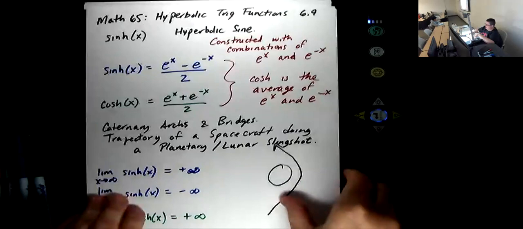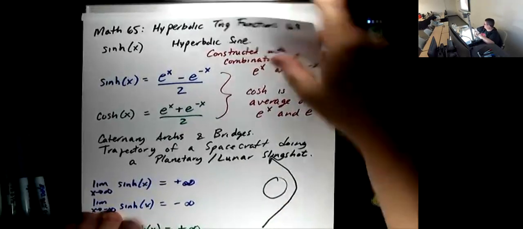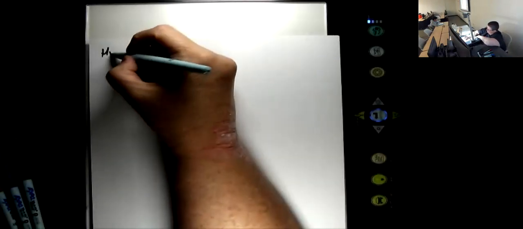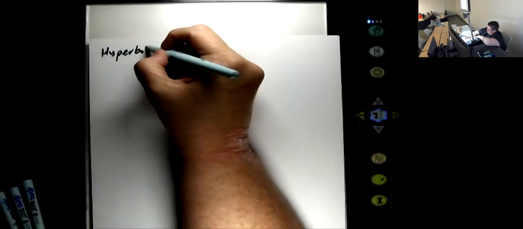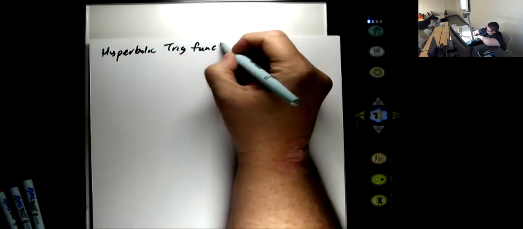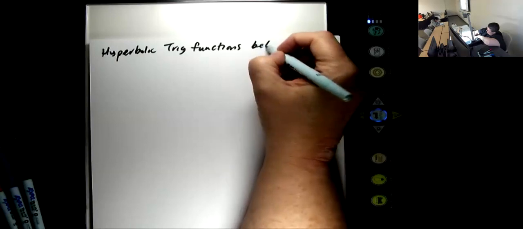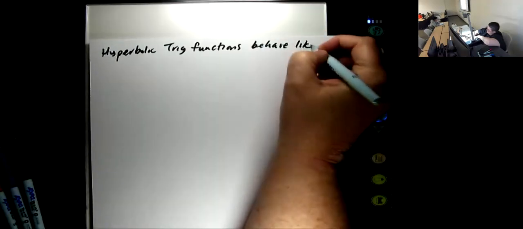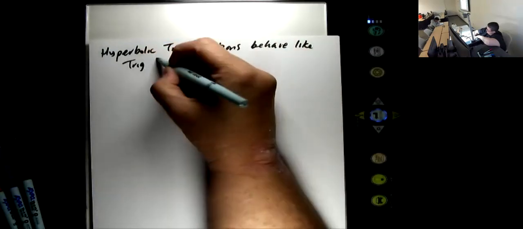All right. So the hyperbolic functions actually behave a lot like the trig functions in most ways.